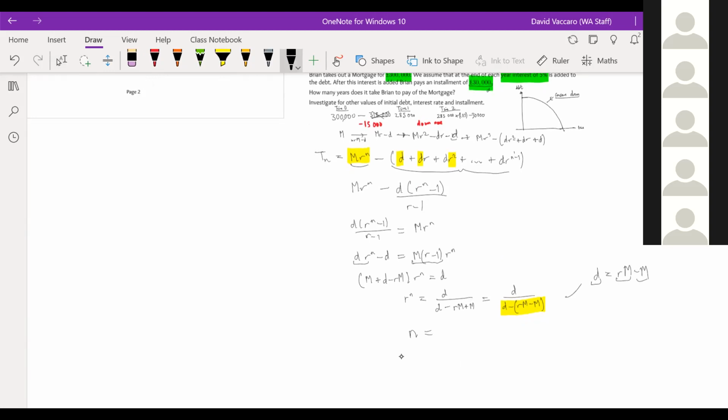So the time to pay off the mortgage is logarithm base r of D over D minus Rm plus M. And now we would just need to plug in the values. R equals 1.05, D equals 30,000, and M equals 300,000.